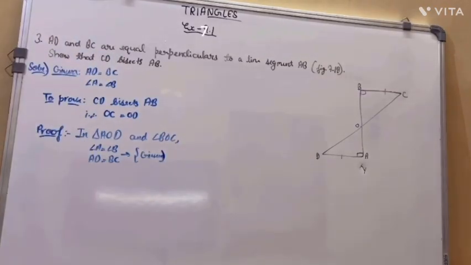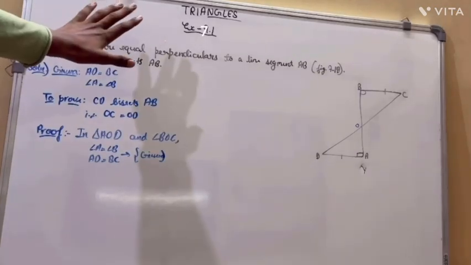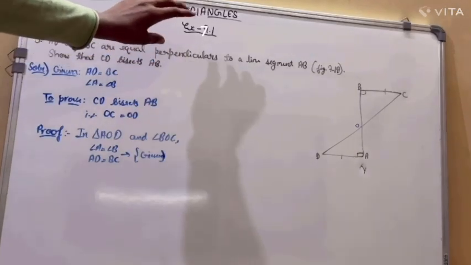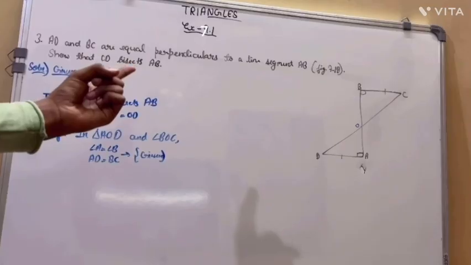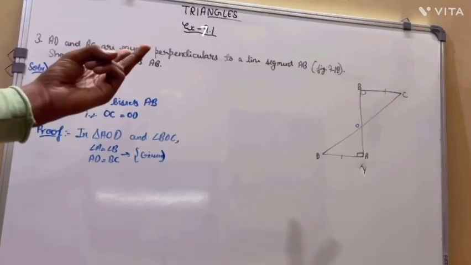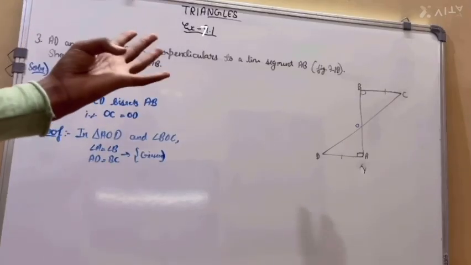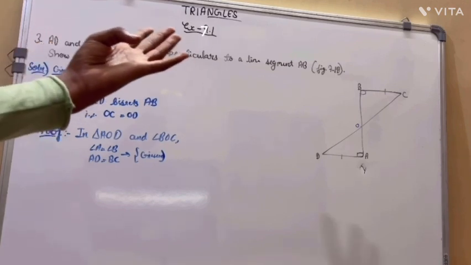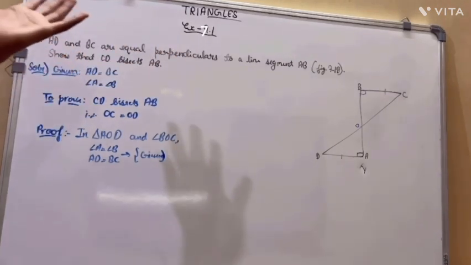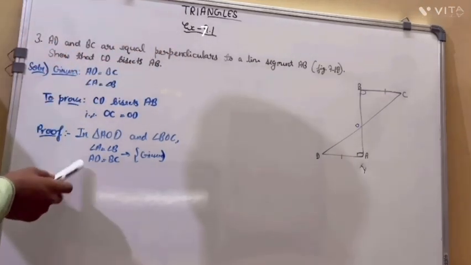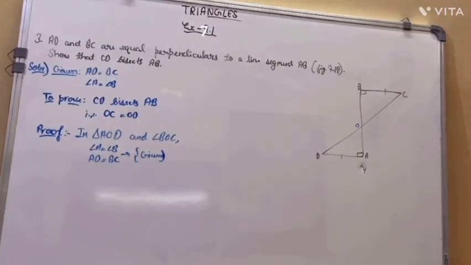Now what can we find as the third one? As we know there are five congruency rules, that is side angle side, angle side angle, angle angle side, side side side, and RHS. So for angle side angle, we need one angle.